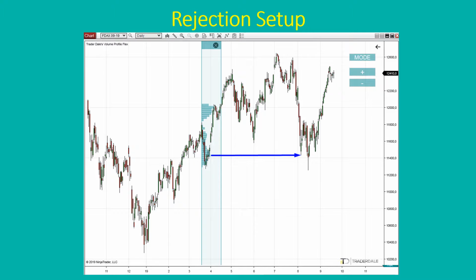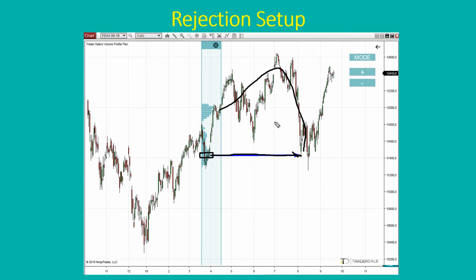Now the last example of the rejection setup, this one is on FDAX. There was rejection of lower prices, and the heaviest volumes within the rejection were right there. There was the volume cluster, and the heaviest peak of the volume cluster was in here. So you draw a line there, you wait for a pullback.